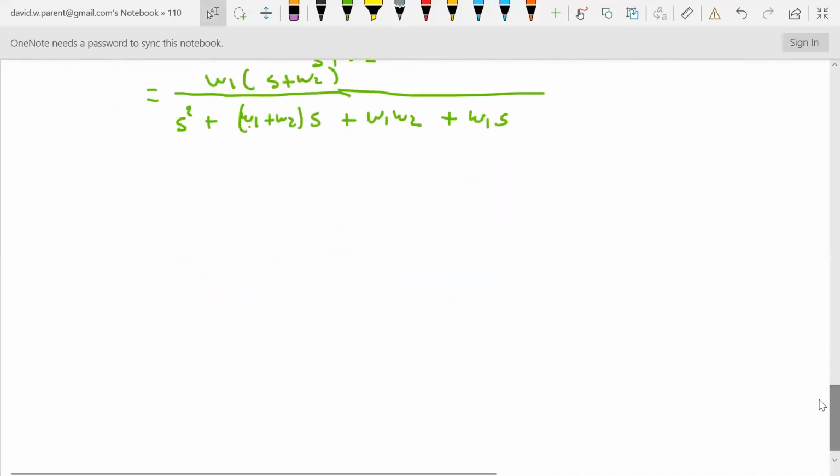How do we make it? Well, we had a summer, right? And we had something come in negative. So that means we're going to need an op-amp that's adding and subtracting. Now we've got to use both sides. All right.